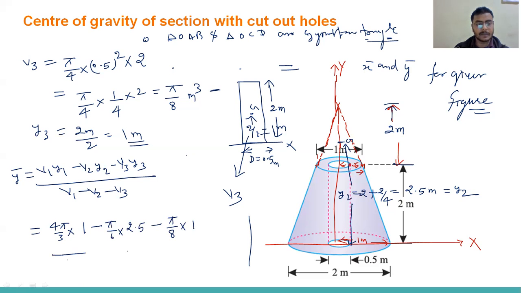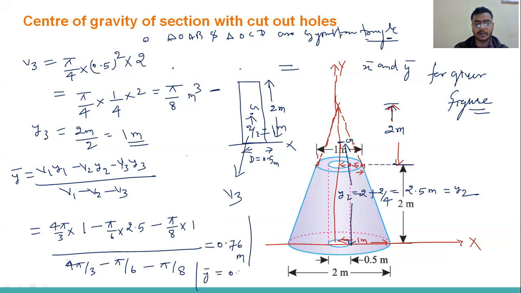Divided by v1 minus v2 minus v3, so we have 4 pi by 3 minus pi by 6 minus pi by 8. Finally we will get, I have calculated, 0.76 meter.